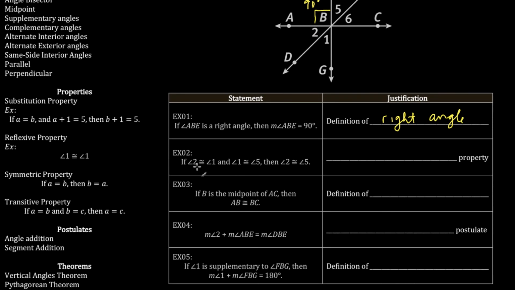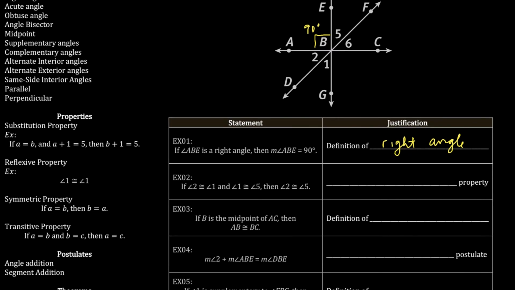It says if angle 2 is congruent to angle 1, and angle 1 is congruent to angle 5, then angle 2 is congruent to angle 5.